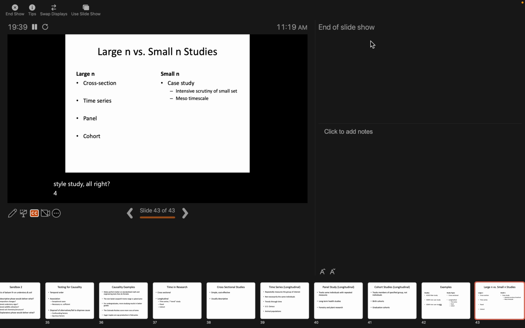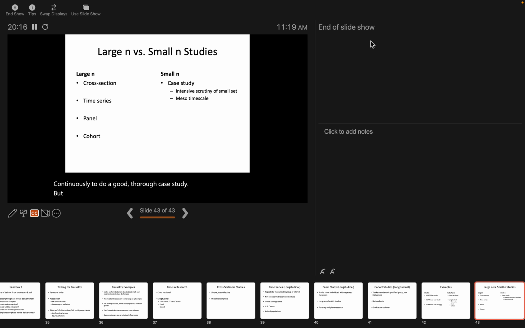For the sense of sample size relative to time, that's another way to nuance or sophisticate your study. So a small n study is going to be that idiographic approach, where it takes a lot of time, up to a couple of years of research and data collection continuously, to do a good, thorough case study.